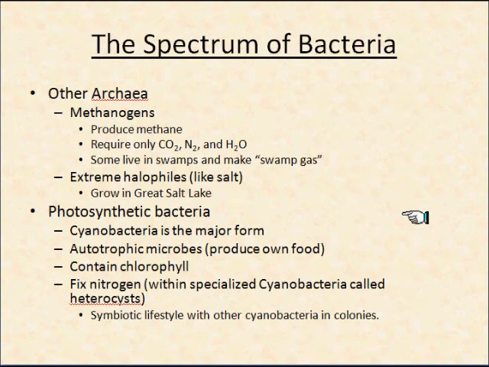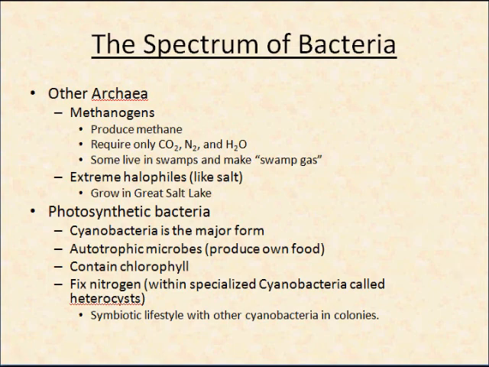And to be autotrophic, you need to have chlorophyll. Some of them can fix nitrogen, which gives a symbiotic relationship with other cyanobacteria. Nitrogen is a necessary nutrient for growth, and it's hard just to pull that out of the air. So some of these cyanobacteria are capable of that.